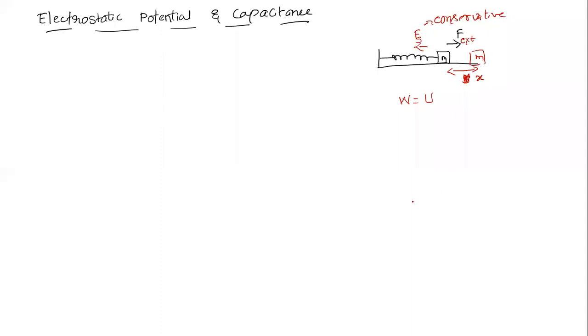Let's take one more example. Now there is a body on the floor. I'm going to lift it to a new position, let's say the height is h. Here the external force is acting in the upward direction because I'm pushing it up, and there is a gravitational force acting downward. Then we can calculate the work done by the external force or by the gravitational force.